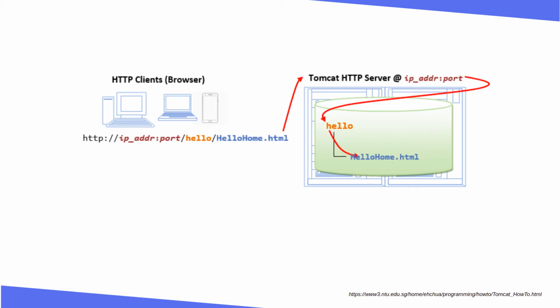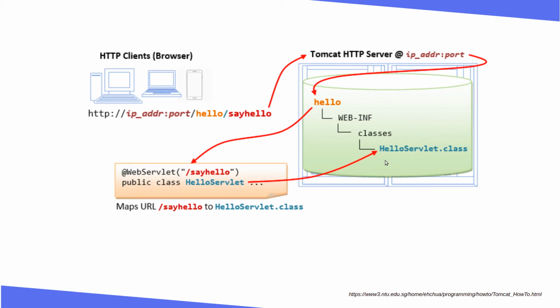A web user in the browser invokes a servlet by issuing an appropriate URL from a web browser, that is the HTTP client, and then the server, which in our case is a Tomcat HTTP server, will invoke a servlet. So we'll have here a servlet, which we will be writing in a few minutes.